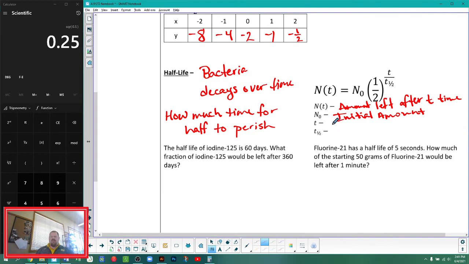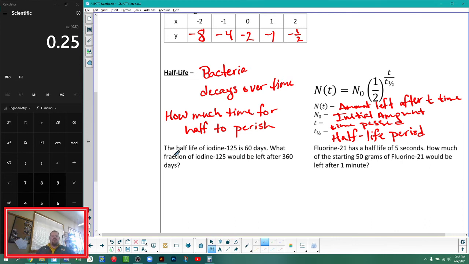The t is the amount of time that has passed. And the t with the little 1/2 is what we call the half-life period. And it is that thing that I talked about before, the amount of time that has to go by for half of it to be left.